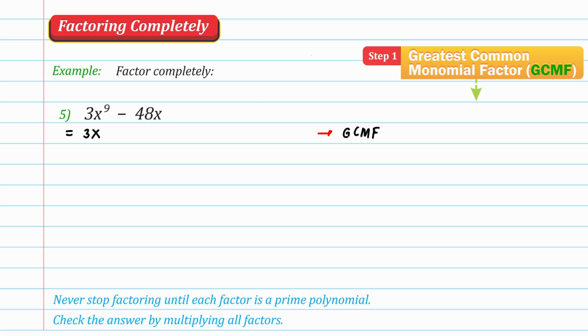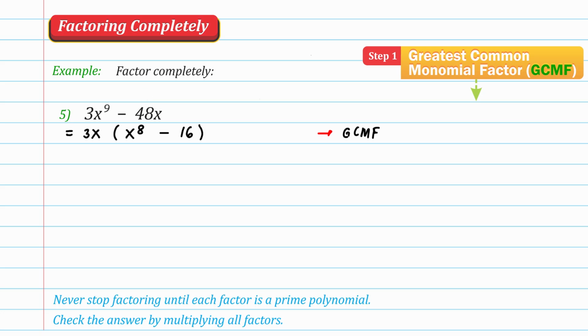Now, we divide each term in the binomial by 3x. 3x to the 9th divided by 3x is x to the 8th. Negative 48x divided by 3x is equal to negative 16. The factored form is now 3x times the quantity x to the 8 minus 16.